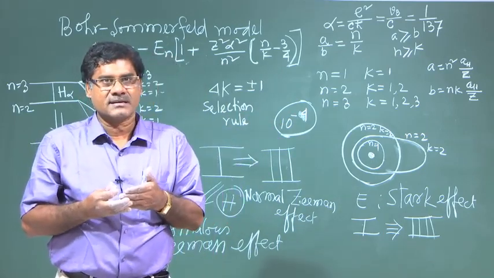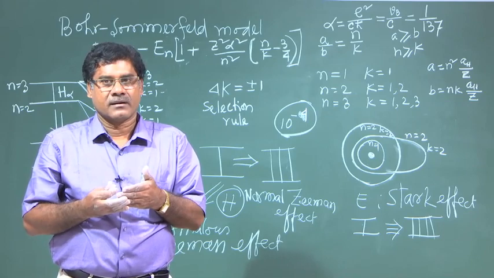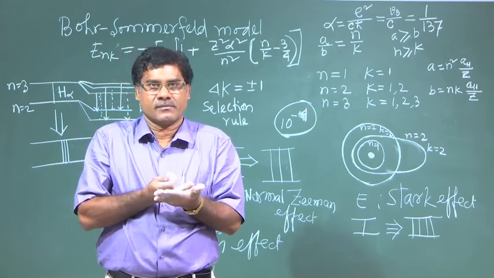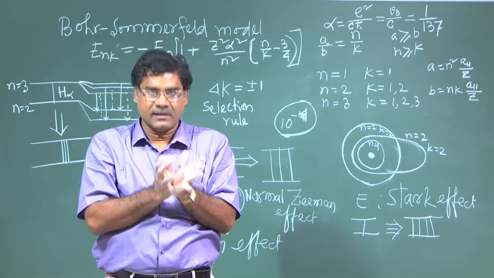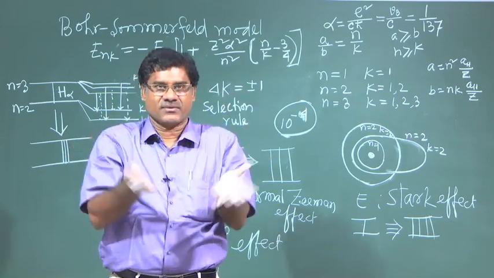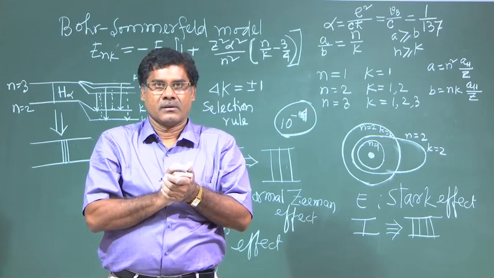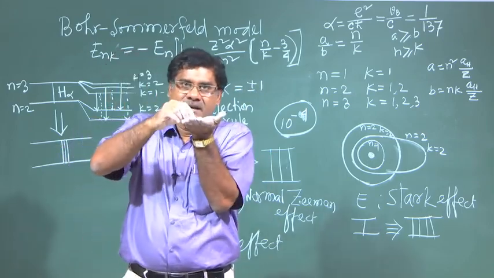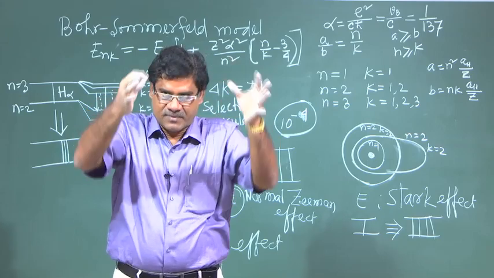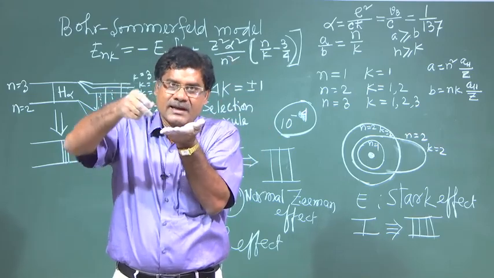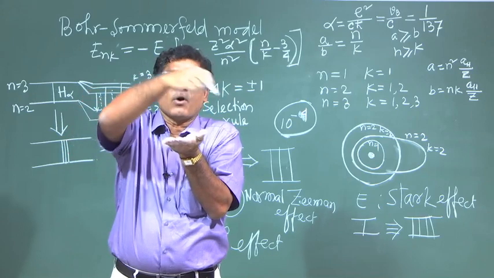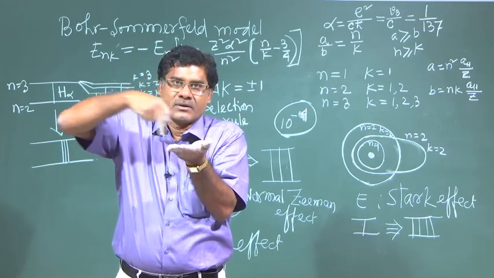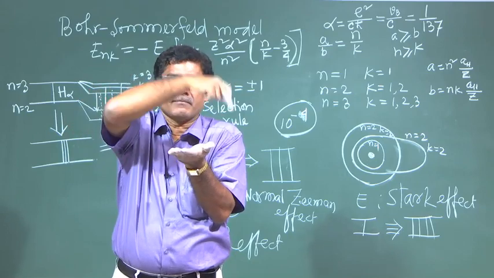The atom is three-dimensional, say spherical in shape, okay. So it is in space. Now we are considering a spherical shape, or an ellipsoid. We are considering an orbit, okay.